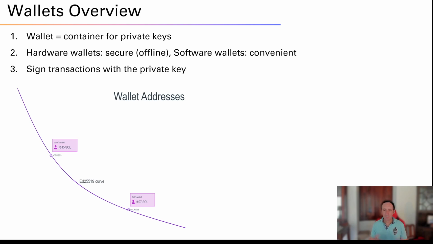But effectively, these are the two big categories of wallets: hardware wallets and software wallets, or sometimes known as cold wallets, as in hardware wallets, and hot wallets, as in software wallets. Sorry, these are all the terms. You probably, most of you, if not all of you, listening to this already know all of these concepts.